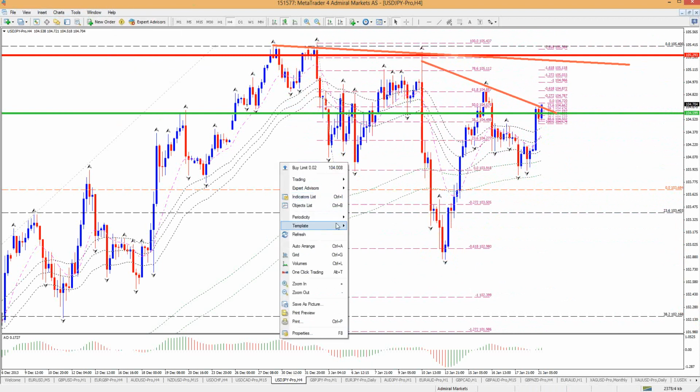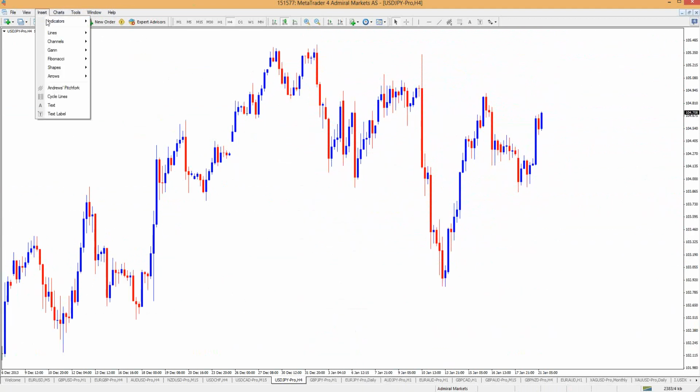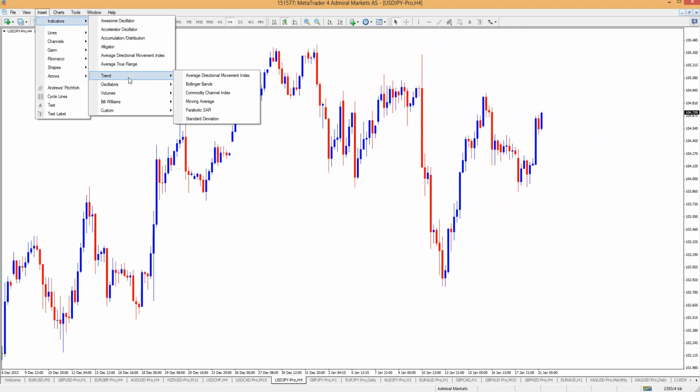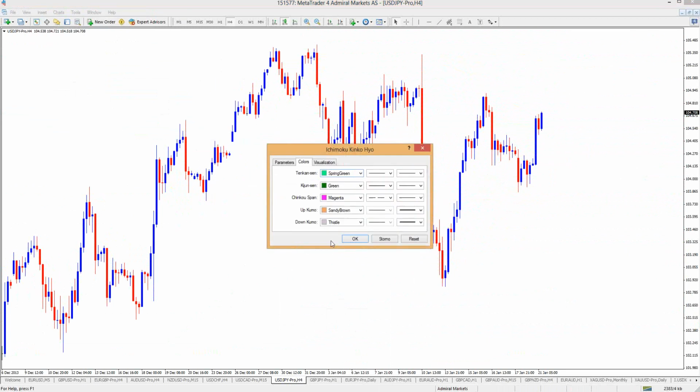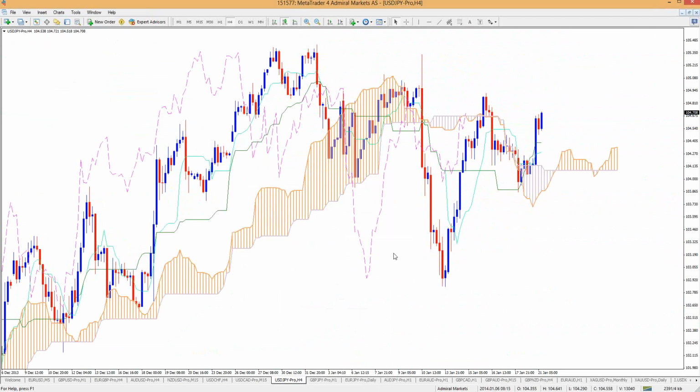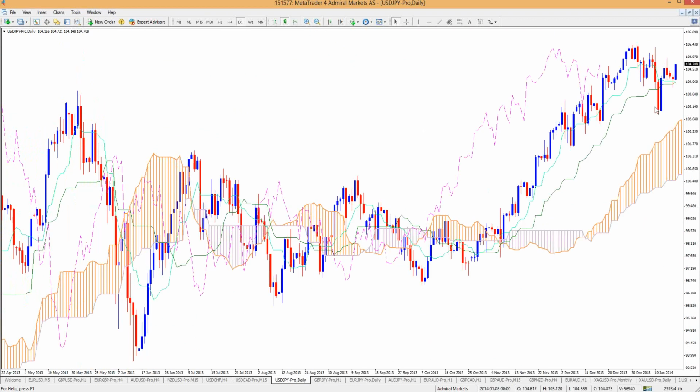Let me make a blank chart. Bounce off the 4-hour cloud indeed. Daily chart is way above the cloud. The Tenkan is still above the Kijun, although the Tenkan is flat.